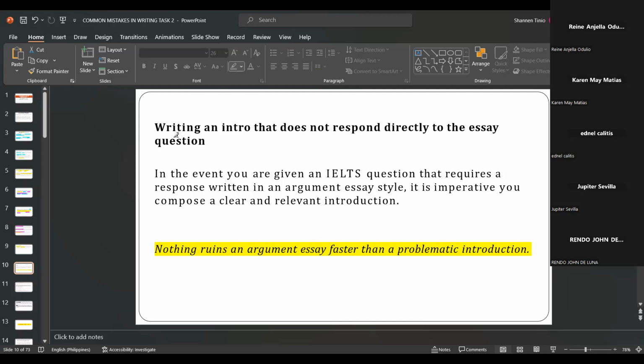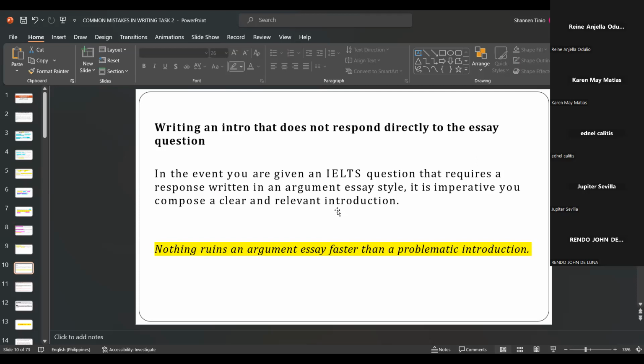The hook, or the first sentence in your introduction, will be the reason whether you make it or you break it. Kasi yun yung first na mababasa. Okay? Kung hindi mo na-establish ng maganda yung introduction mo, you will most likely fail the whole thing. Introductions are so important.